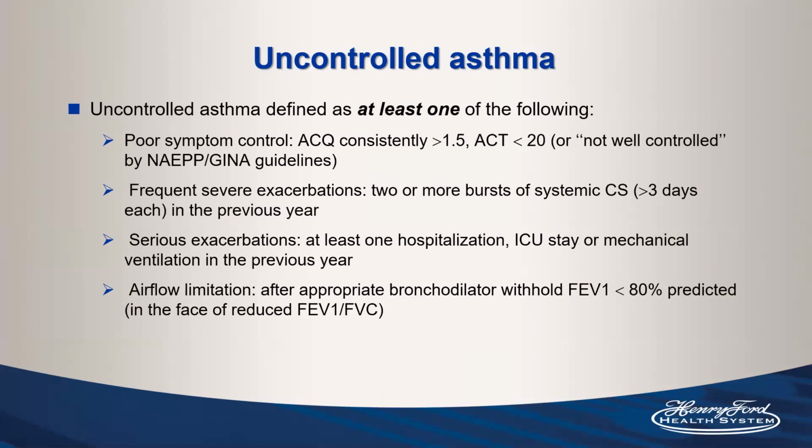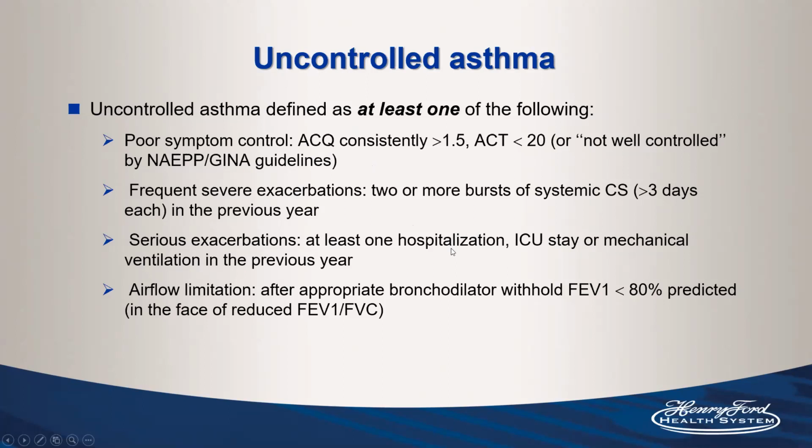At least one of the following: poor symptom control based on the asthma control test less than 20, or asthma control questionnaire, not well controlled by the GINA guidelines, frequent severe exacerbations, 2 or more bursts of systemic steroids, like getting prednisone 40 for 5 days in the previous year.